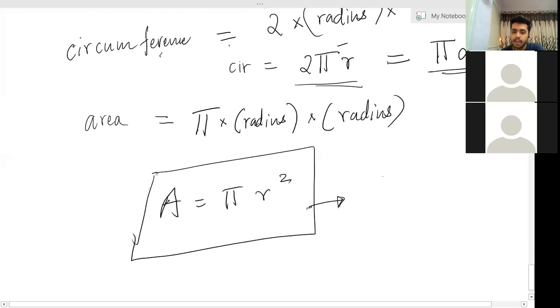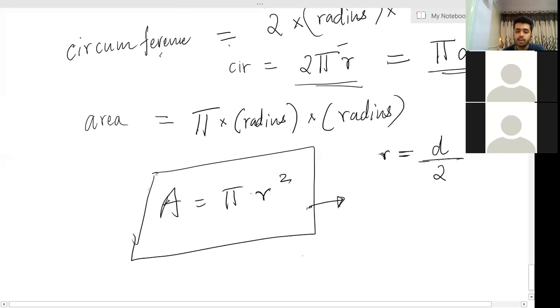Pi r square. In terms of diameter, what is the formula for radius? Radius is equal to d by 2. Yes, or d is equal to 2r, right? So instead of r, if I put d by 2 over here, so here I have r square, right?